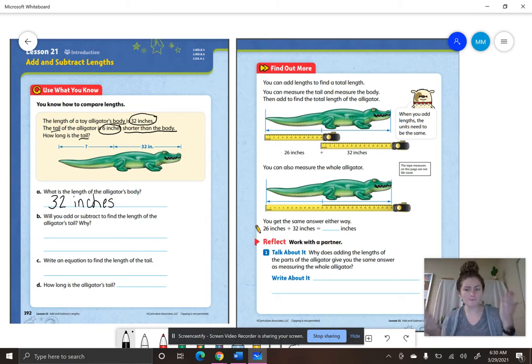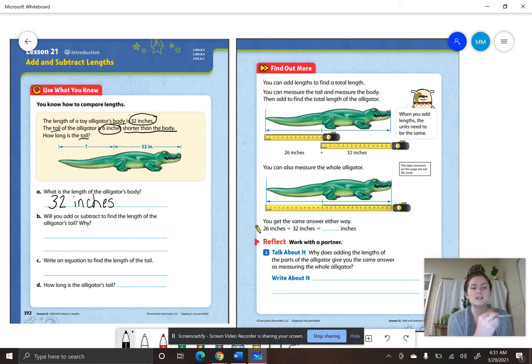When we are comparing, what kind of problem are we going to use? Are we going to be adding or subtracting to find the length of the tail? The body is 32 inches, but the tail is 6 inches shorter than the body. Does that mean that the tail is 6 inches long? No, it means it's 6 inches shorter than 32.